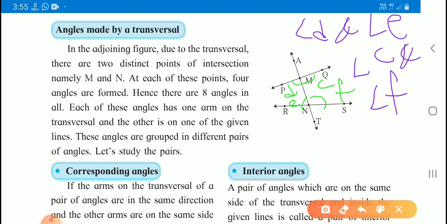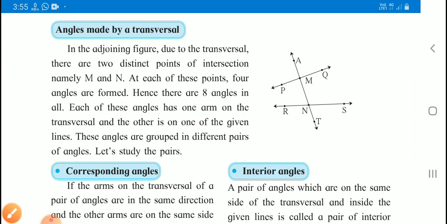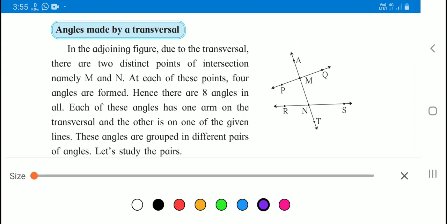Alternate angles. Now we said that there are two types of alternate angles. These are interior alternate angle and exterior alternate angle. So again I will take the angles.